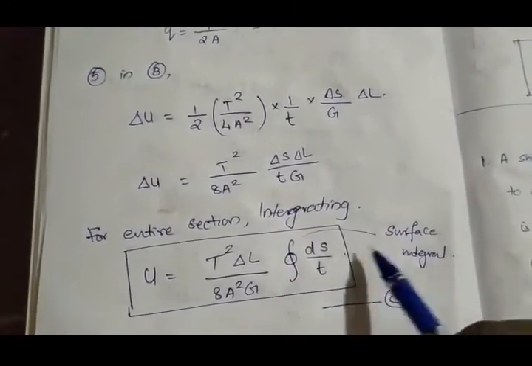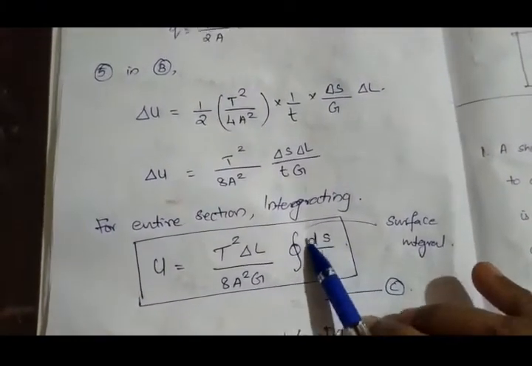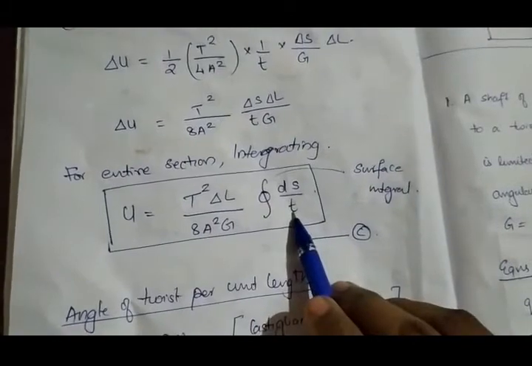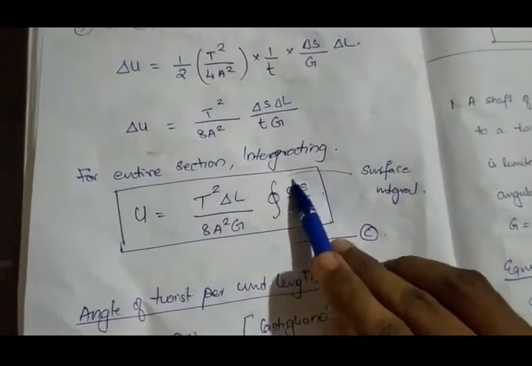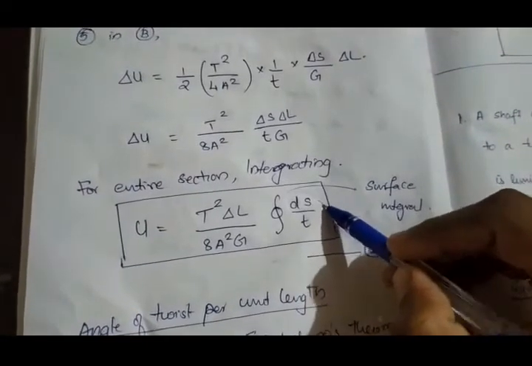This integral is very important, and ds is a small distance. Small distance by thickness, this ds by t is nothing but the total perimeter term.